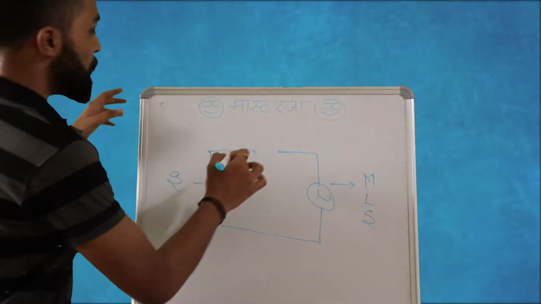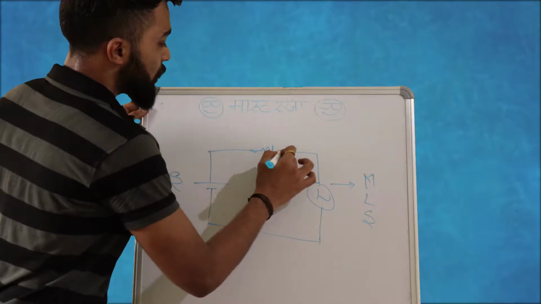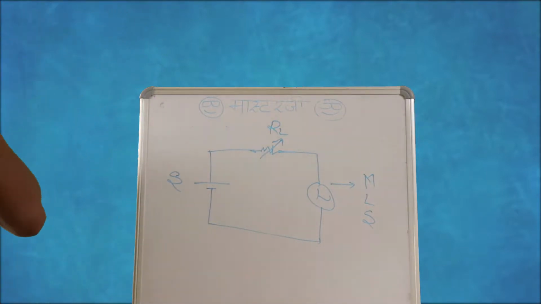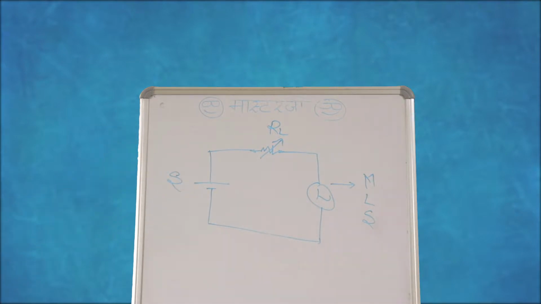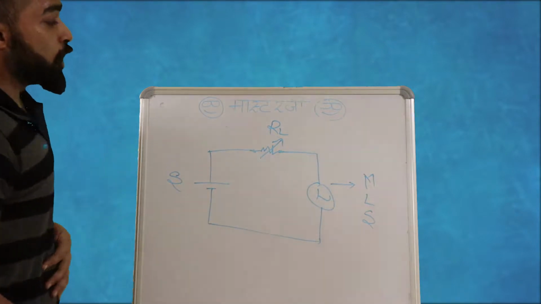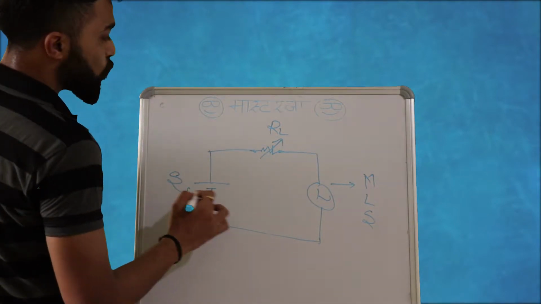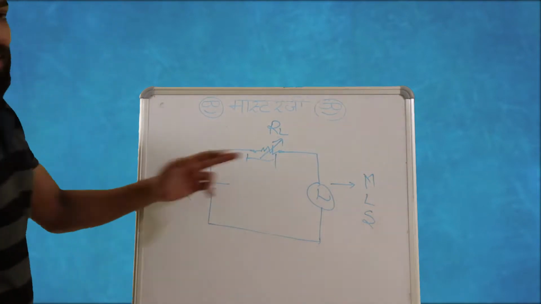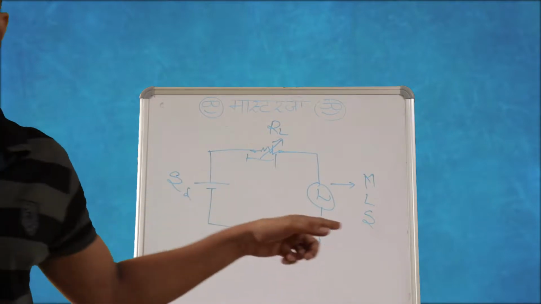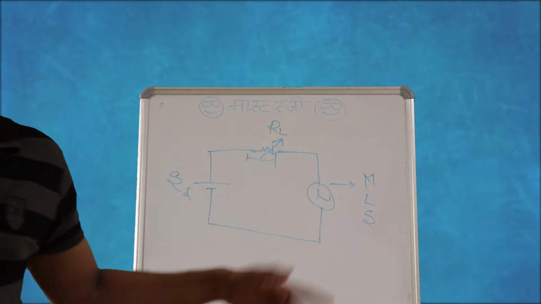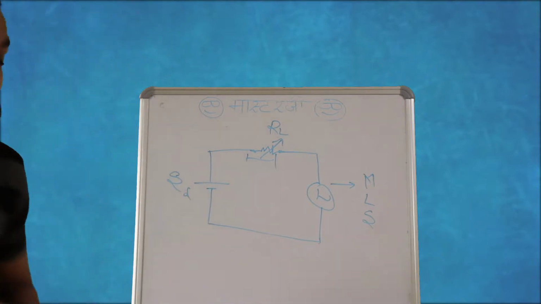But what happens if we provide a variable resistor here, which is also called a potentiometer? When you vary this, some part of the source power is going to be dissipated here. I am very carefully using the word dissipated because this will become the stepping stone to why PWM is actually used.